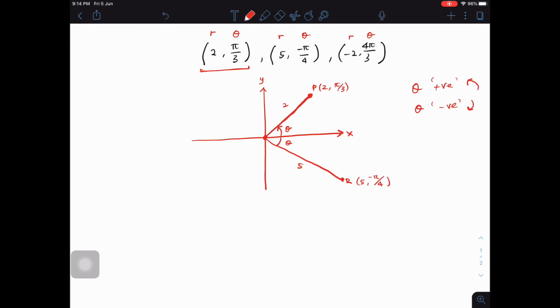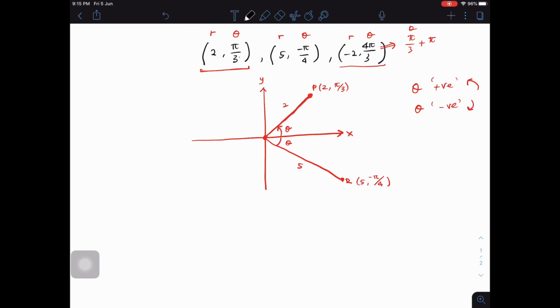So let's see the third point. If you can see here, the value of r is the same as the first point, and the theta for this third point is pi over 3 plus pi. This one is the theta for the first point P here. So the third point has a theta of pi over 3 plus pi, which means this point lies on the same line as point P, but on the opposite side of the pole.